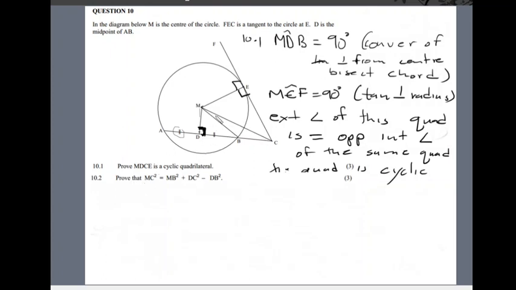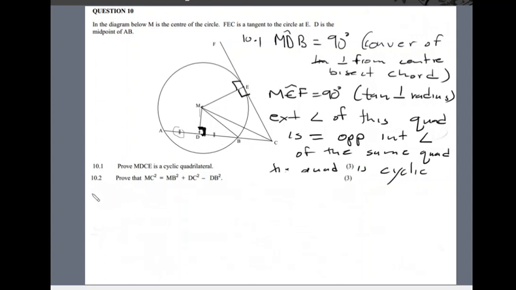So now I will apply the theorem of Pythagoras in 2 places. I will apply it to triangle MDC and to triangle MDB, right? Because those 2 triangles are right-angled triangles.